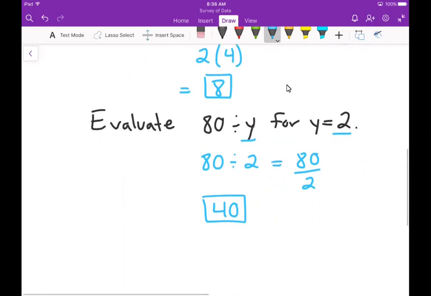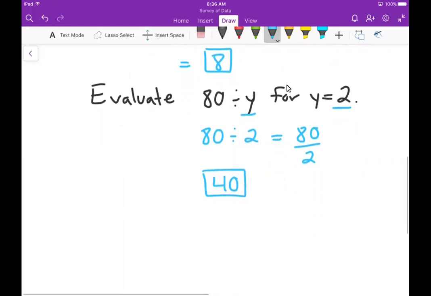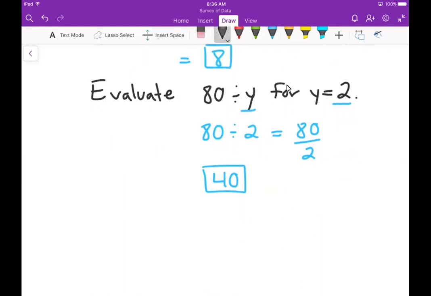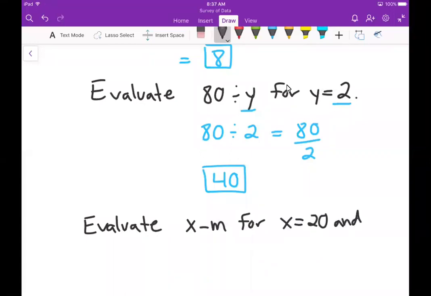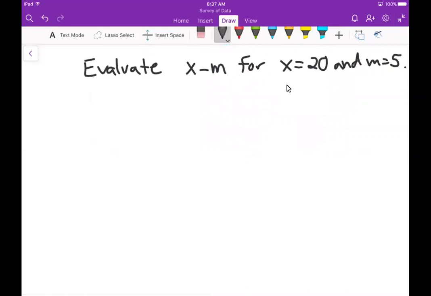Now, we don't always have to have just one constant and one variable. We could have only variables, like we'll see in these next two examples. Okay, so in this one, we're going to evaluate x minus m for x equal to 20 and m equal to 5. Okay. So now we have 2 different variables to plug in to evaluate our expression. So we want to make sure we keep track of those.